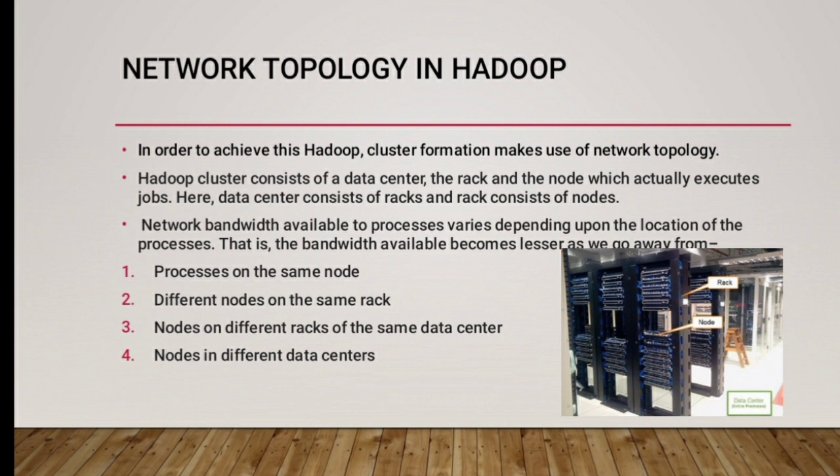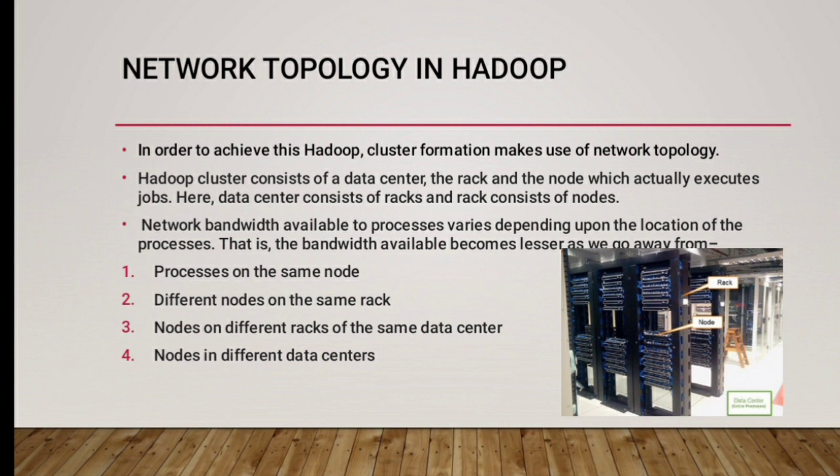Typically, network bandwidth is an important factor to consider while forming any network. However, as measuring bandwidth could be difficult, in Hadoop a network is represented as a tree and the distance between nodes of this tree, that is the number of hops, is considered as an important factor in the formation of a Hadoop cluster.